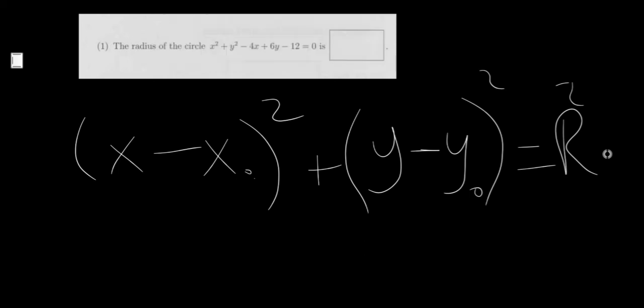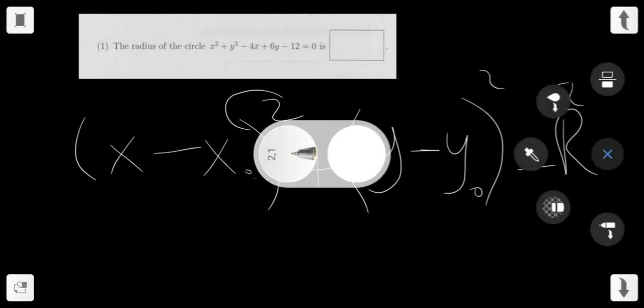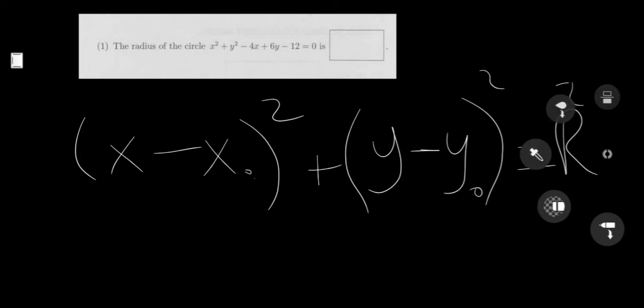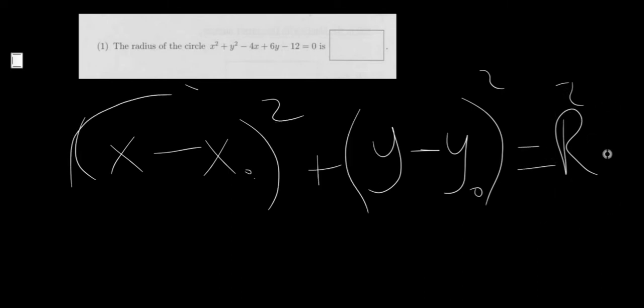Now if you want, you can go ahead and expand this part squared and that other part squared too, and then find the similarity with this part. What am I talking about?